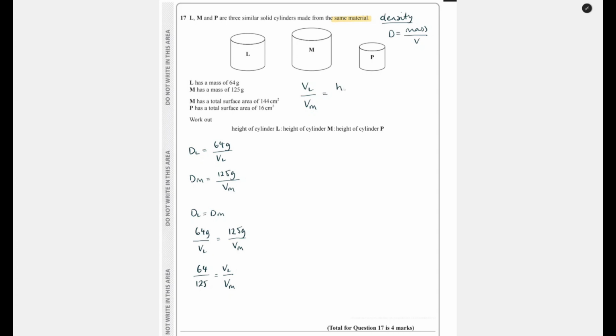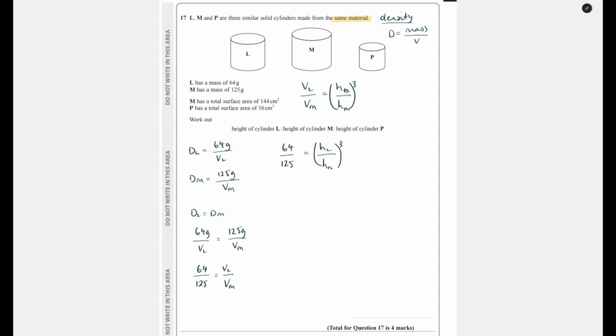So the height of L over the height of M, all cubed. And so we can say that 64 over 125 is just the height of L over the height of M, all cubed.